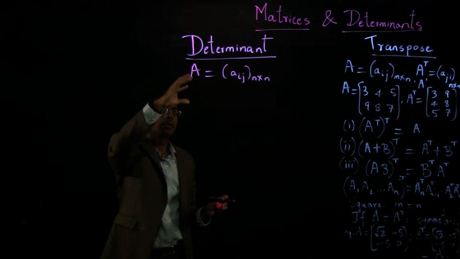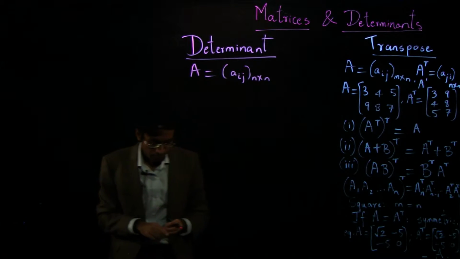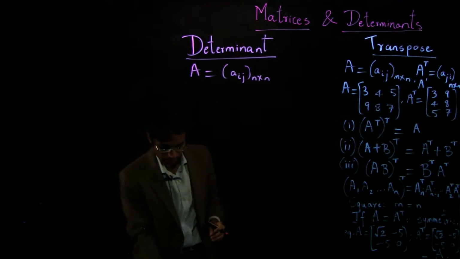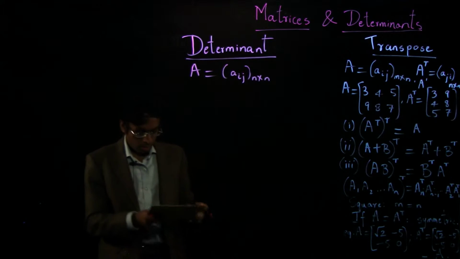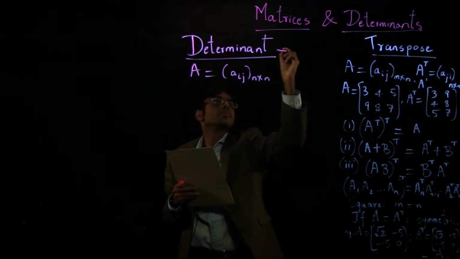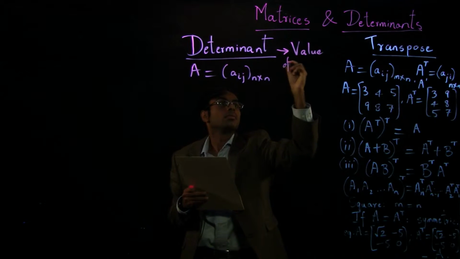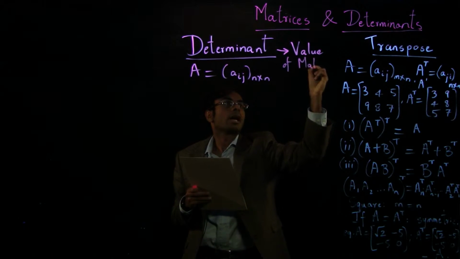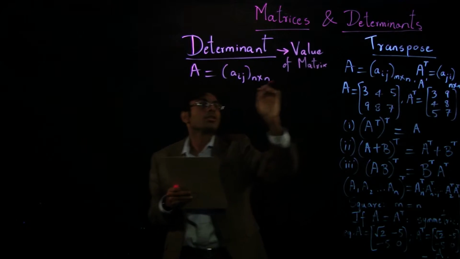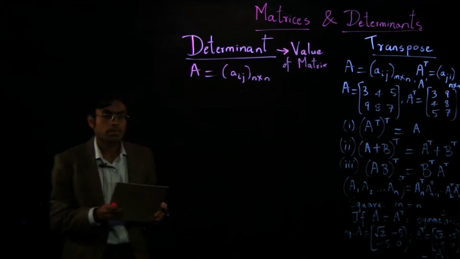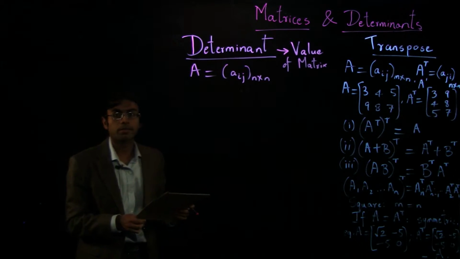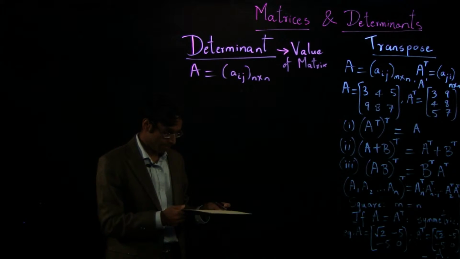And the way to determine that value is the determinant of the matrix. So that is the value of the matrix. And the thing to remember, only square matrices can be assigned a value. Not every general rectangular matrix has a value.